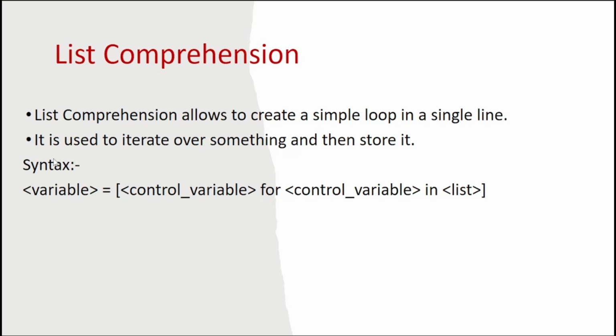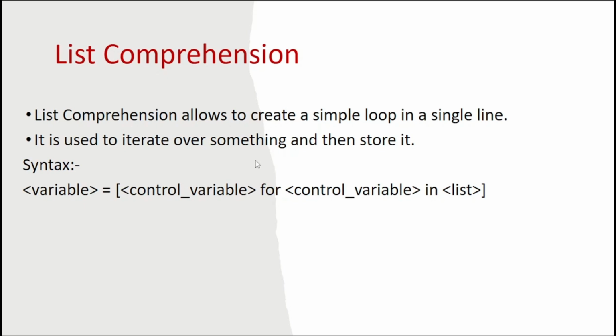So let us understand the syntax. You have a variable which you're gonna store true, and then you equate it to a list. So you have a list over here, and then just think you have a list in which there are few elements.